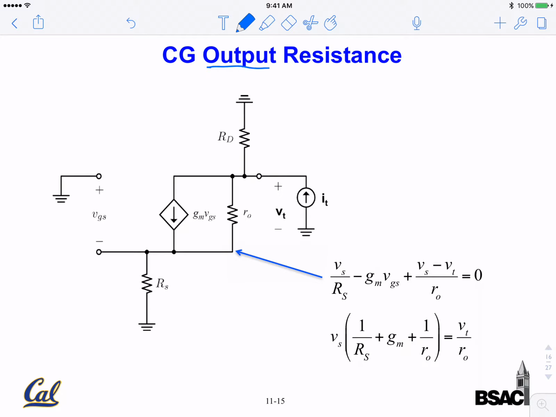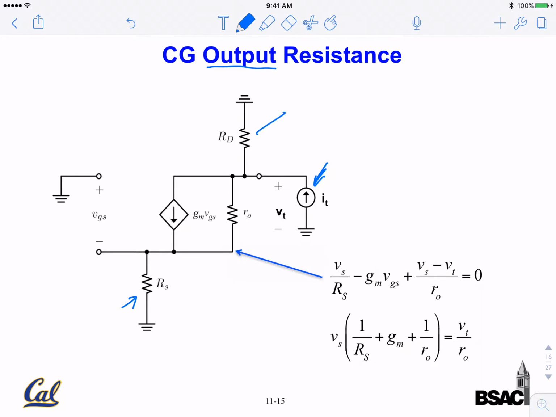For output impedance, we leave the source resistance in, so we put RS back in here. We replace the load with a test voltage, and we have RD here. This RD is for a current source. This RD really is a shunting resistance, so I can further simplify my analysis.